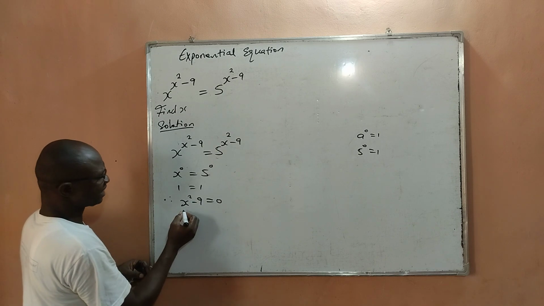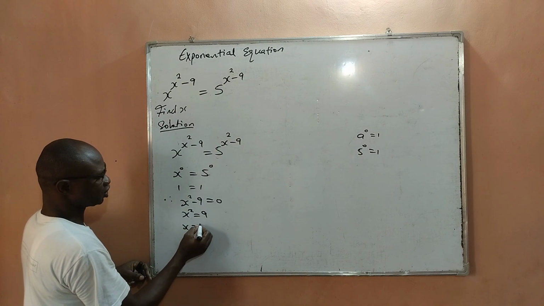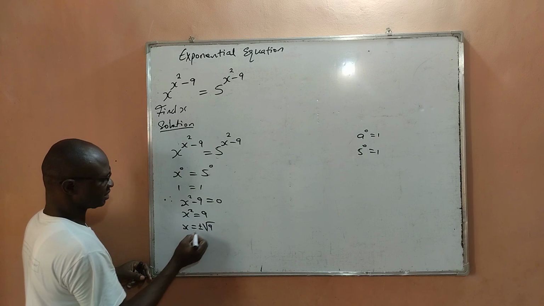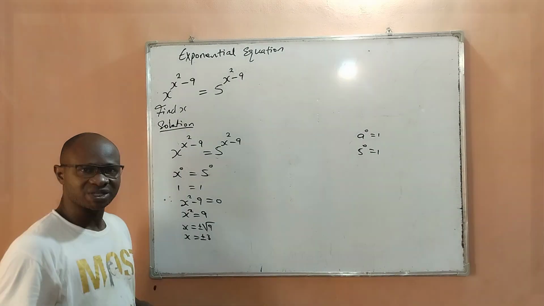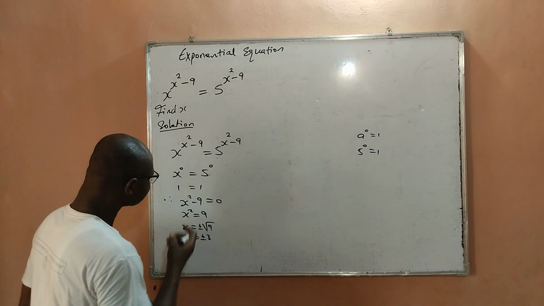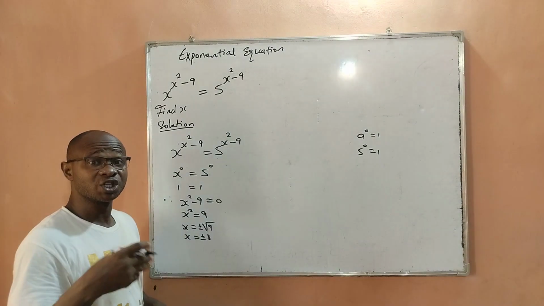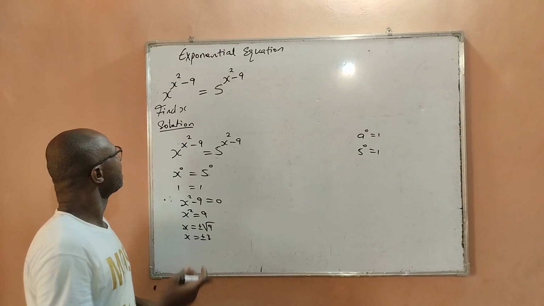Then it implies that x squared is equal to 9, meaning that x is plus or minus the square root of 9, implying that x can be equal to plus or minus 3. What does that mean? It means that the value of x that can make the whole of the exponent equal to 0 is plus or minus 3.